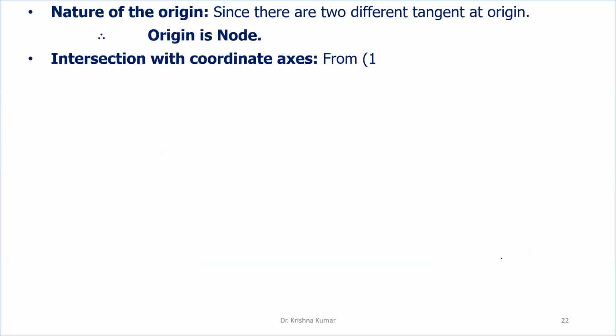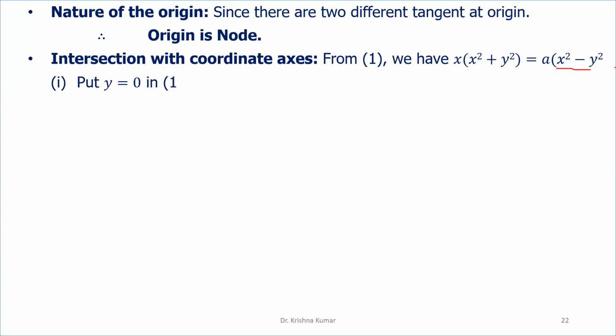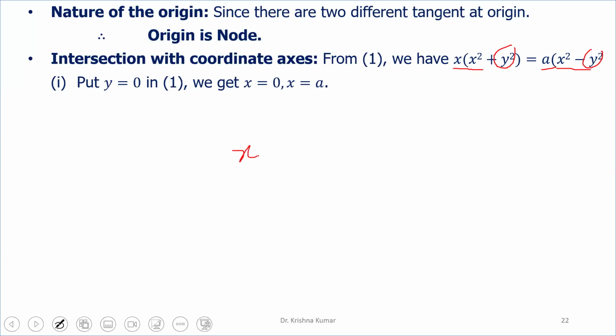Let us try to find out the intersection with coordinate axis. From equation number 1, we have x times (x square plus y square) equal to a times (x square minus y square). If we put y equal to 0, we are getting x cube equal to ax square.